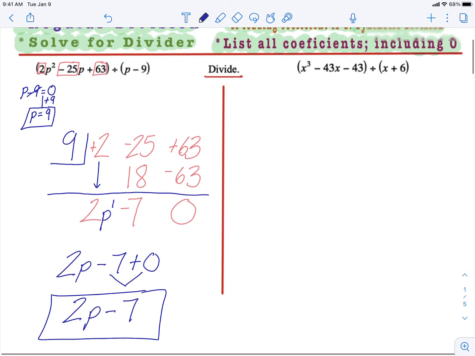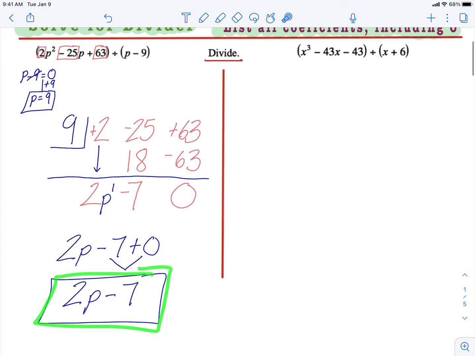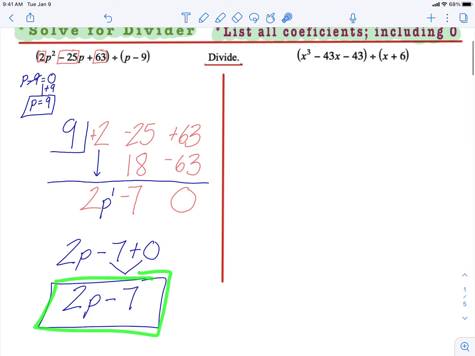Look at that. So when I divide 2p squared minus 25p plus 63 by p minus 9, I get 2p minus 7. Pretty good, right? I get 2p minus 7.